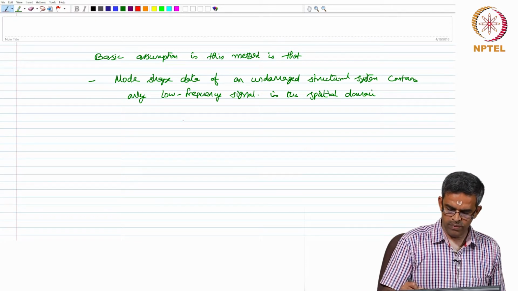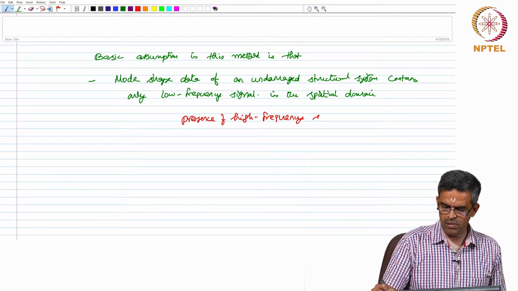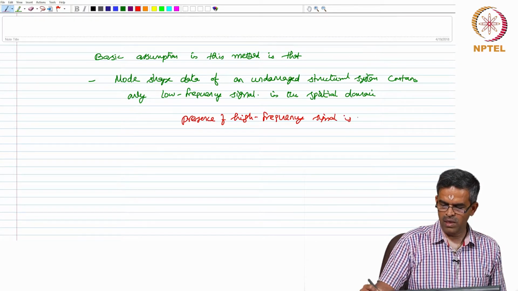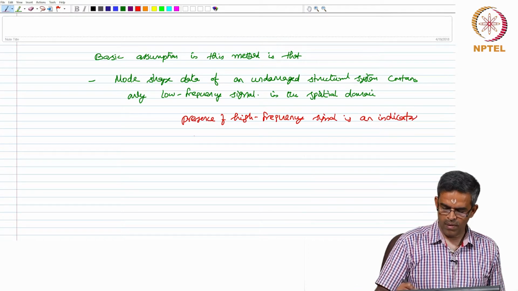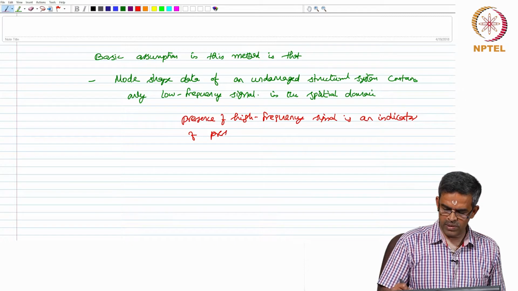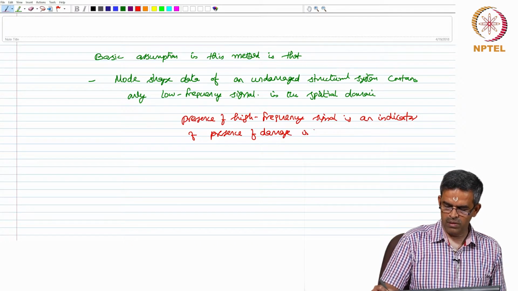So, therefore, presence of high frequency signal is an indicator of presence of damage in the structure.